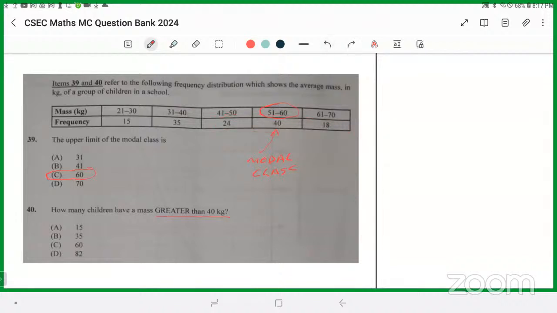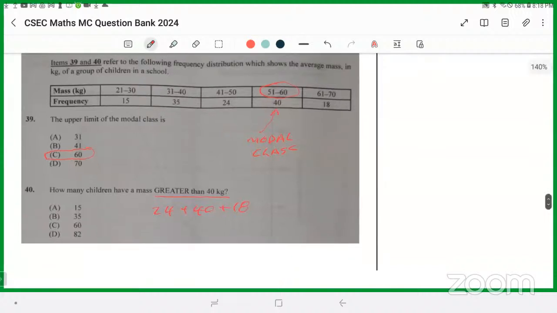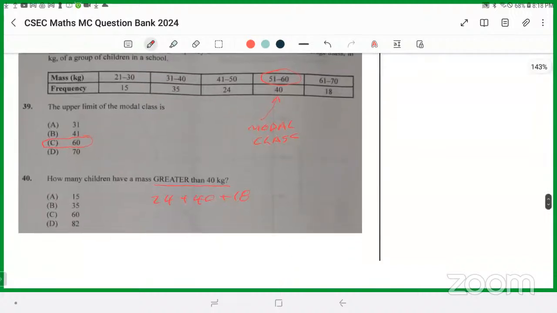So we're talking about 24 plus 40 plus 18. What does that add up to? This is 64 plus 18. So this becomes 82. Yes, 82.